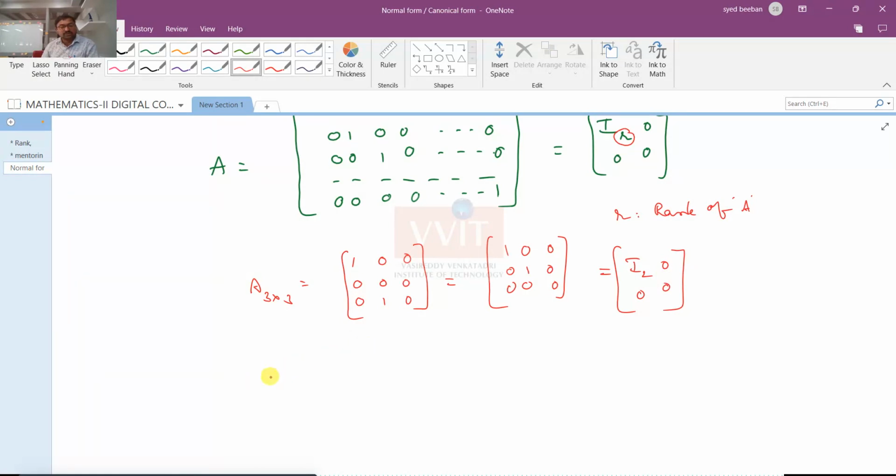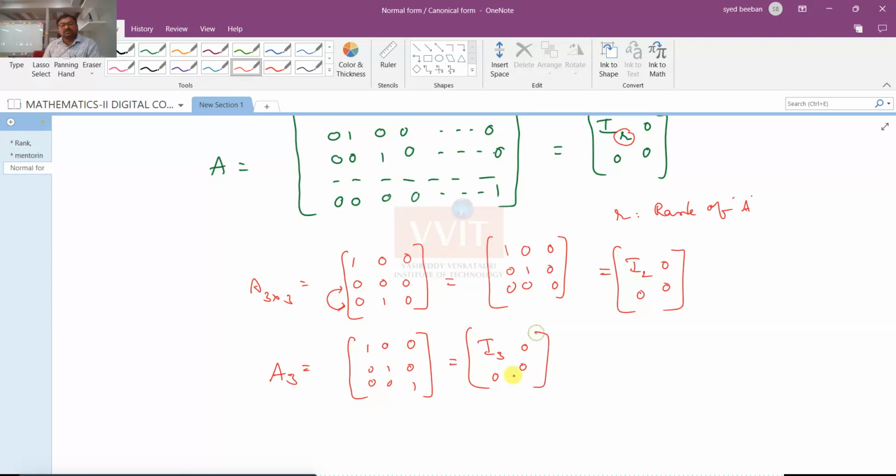I mean to say that here I am supposed to use two operations as one operation, simply by switching R2 to R3, R3 to R2. For example, if it is 1 0 0, 0 1 0, 0 0 1 that I have, then even this one I am writing I3 0 0 only.